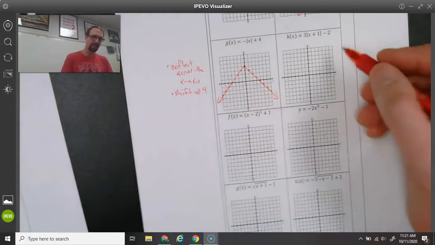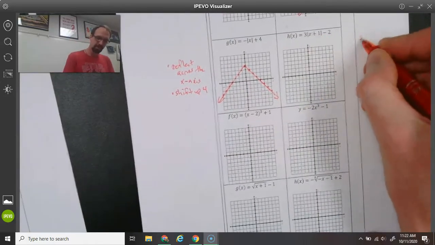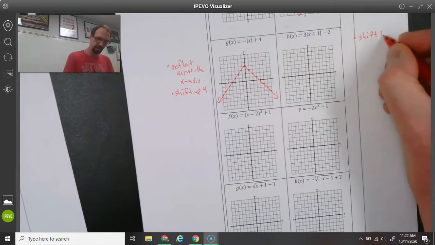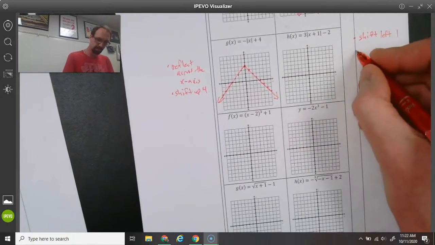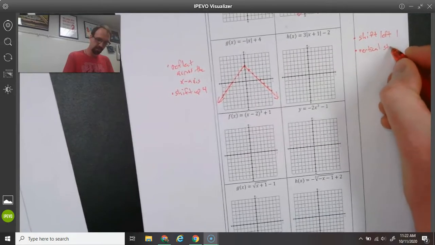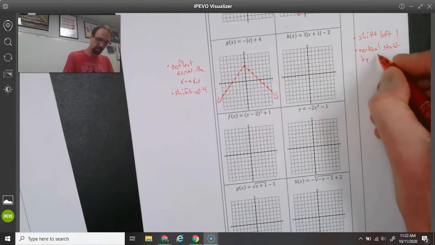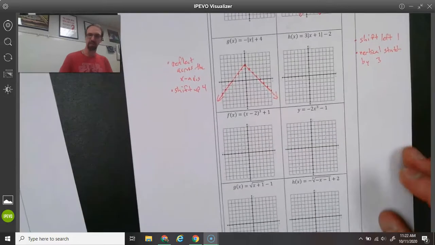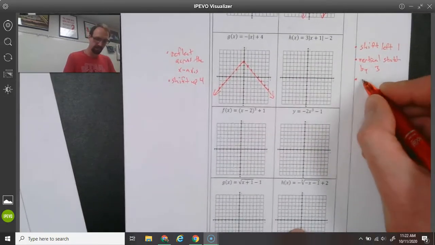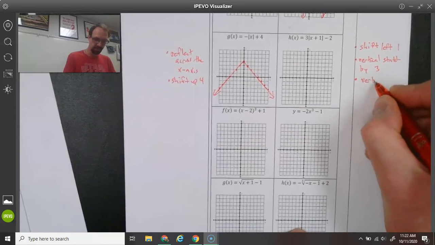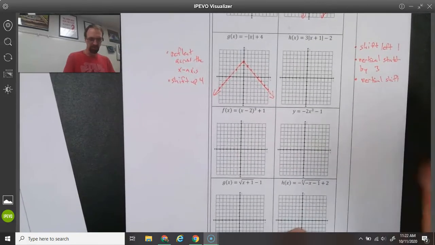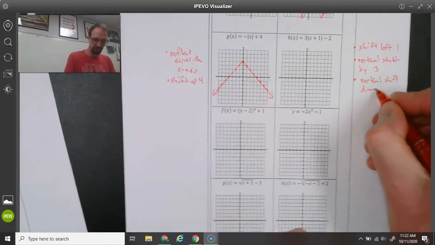It's exciting. So here, inside, we have plus 1, so we shift left 1. And then we have a vertical stretch by a factor of 3, since we were multiplying the value by 3. And then we subtract 2, so that's going to be a vertical shift down 2.